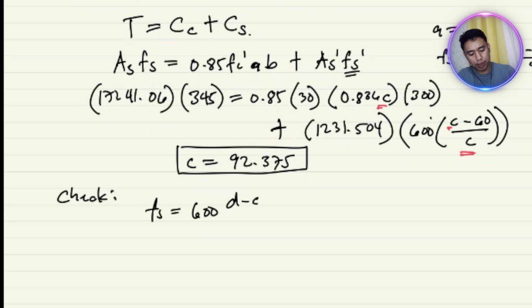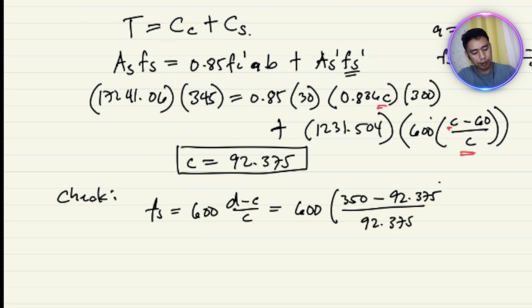600 times D minus C over C. So, this is 600 times D 350 minus C. Ang C, ito yung C na nakuha natin na bagong C na naman. 92.375 over 92.375.